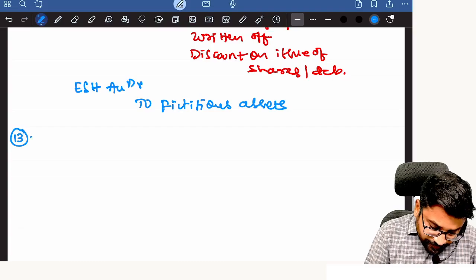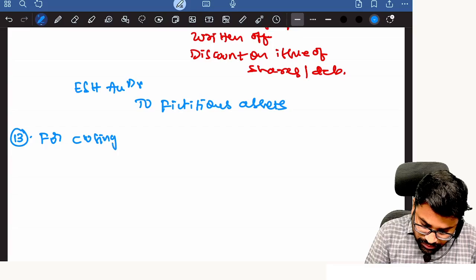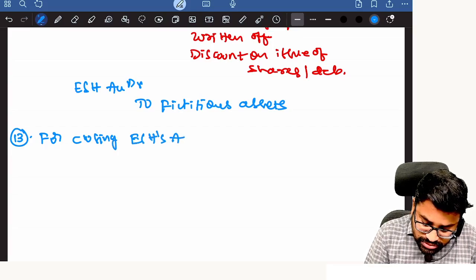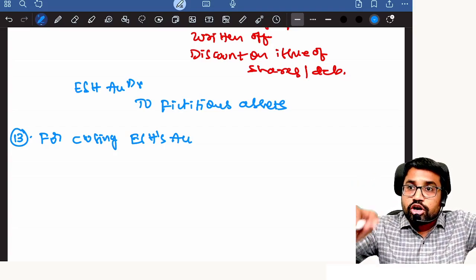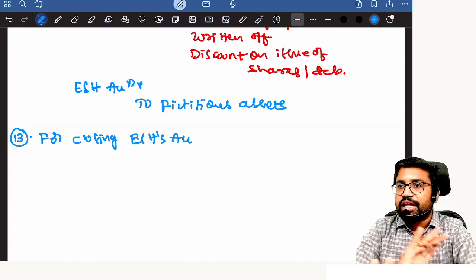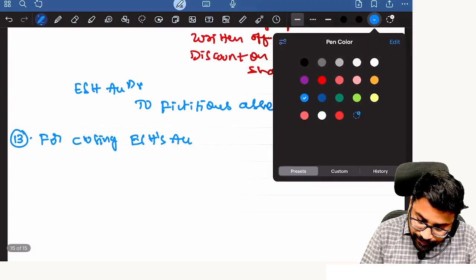The 13th entry is for closing the equity shareholders account. How are you going to close it? Whatever the purchase consideration received in entry number 4 belongs to equity shareholders. Give it to them so that their account will be closed. So when you close, what is the entry?